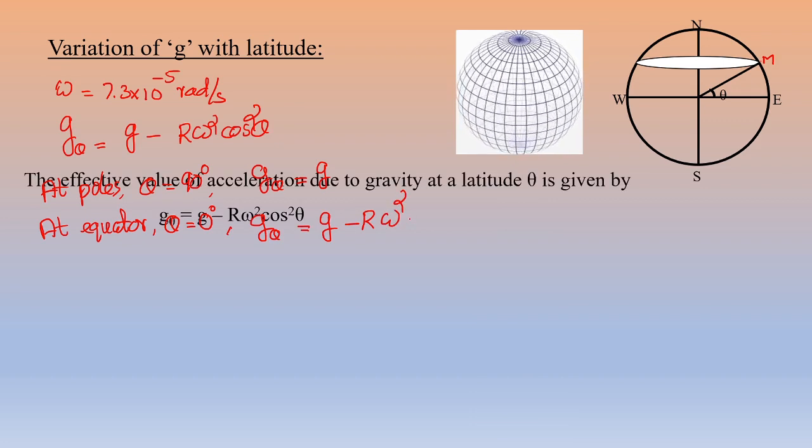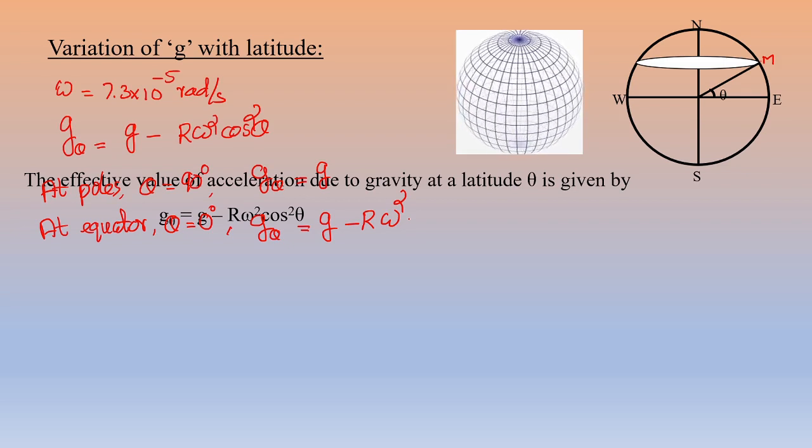That means the acceleration due to gravity is greater at the pole compared to that at the equator. The value of g at the equator is smaller by an amount r omega square than the value at the pole.